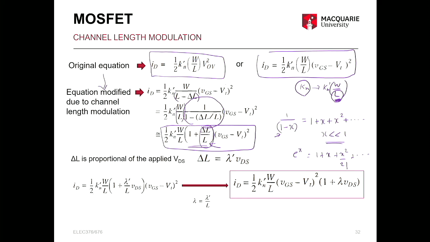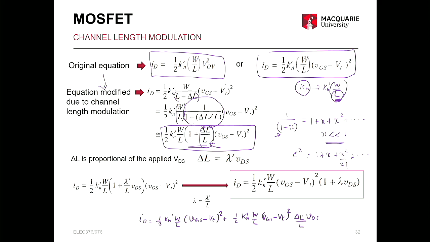So the first term, if we write it, ID is equal to half Kn dash W divided by L times (VGS minus VT) the whole square, plus half Kn dash W divided by L times (VGS minus VT) the whole square times delta L by L.